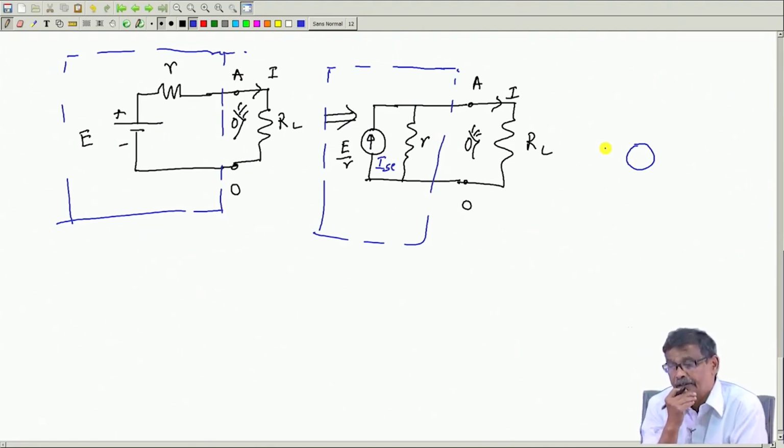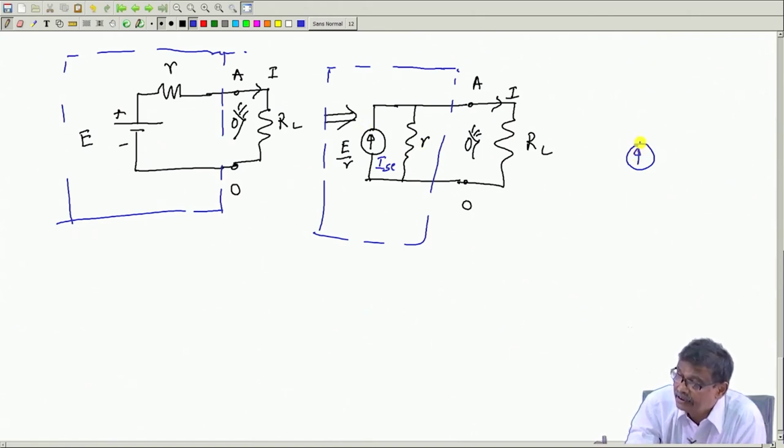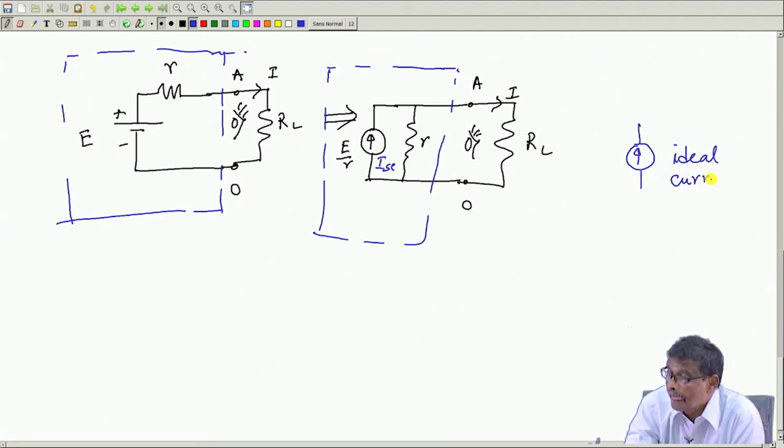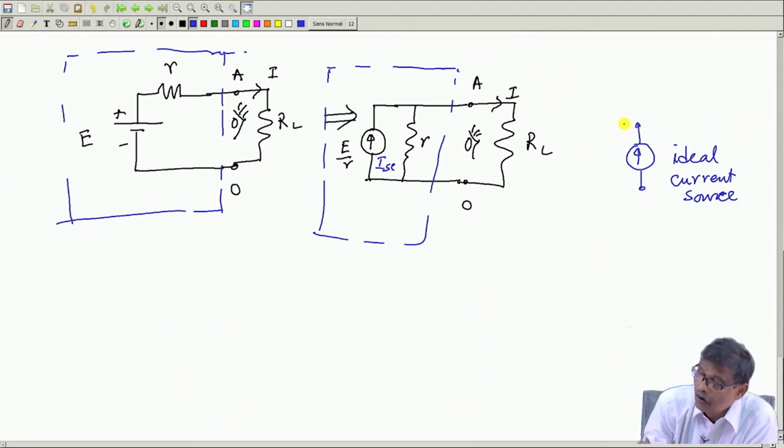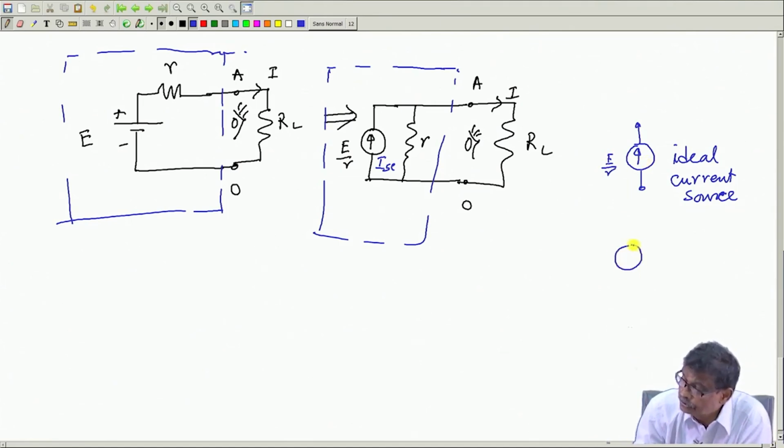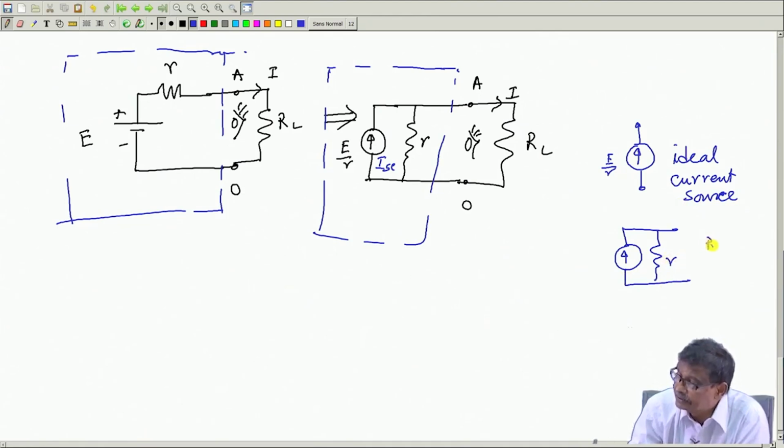Therefore, I now say that this portion, only this portion excluding this R, is an ideal current source. I may say like this, of what magnitude? E by R. And a current source in parallel with the internal resistance R is a practical current source.